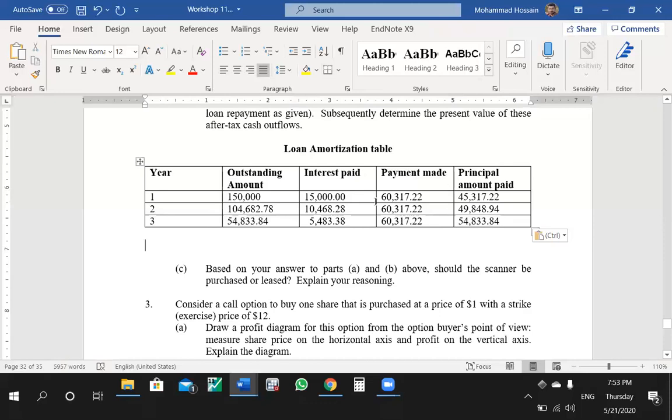So this is the amount. That's how you pay. We do this loan amortization to find out our interest payment amount.